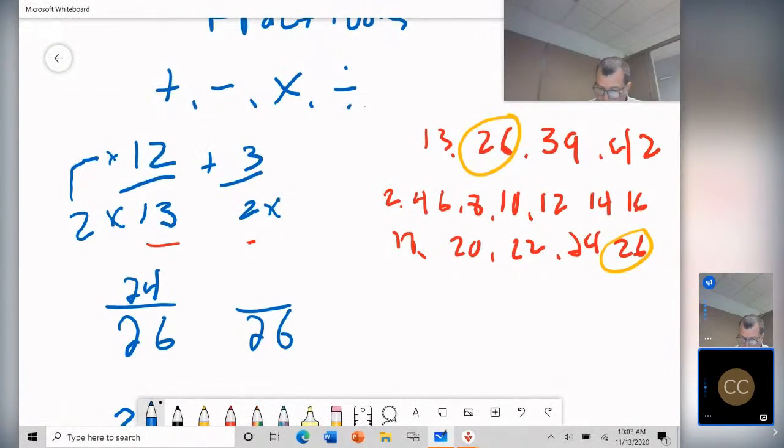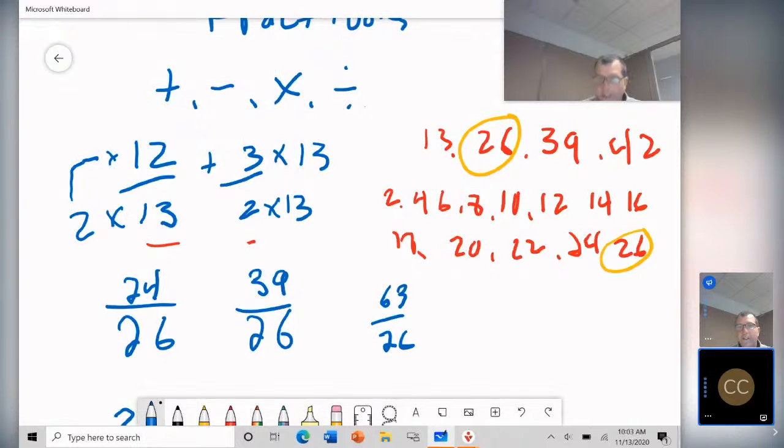And 2 times 13 is 26, and then we're going to have to multiply, so that's 39. Then we do 39 plus 24, that's 63 over 26. Now, it's an improper fraction because the top is bigger than the bottom.